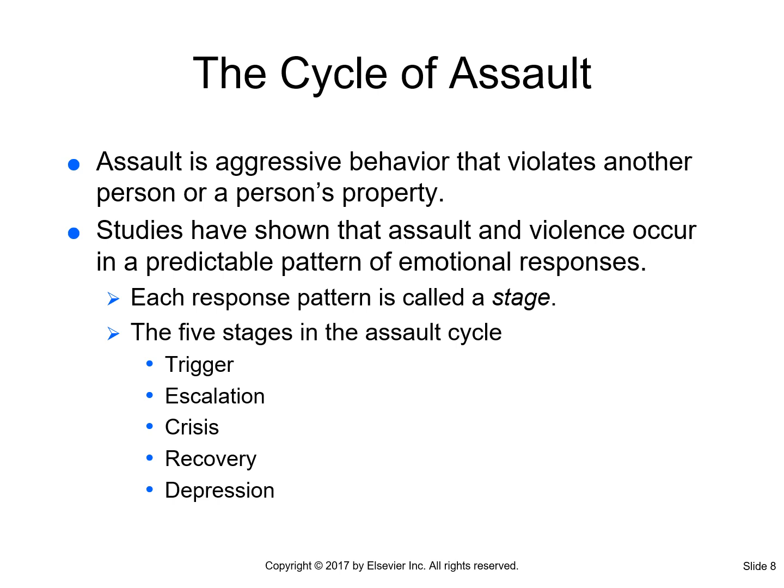For example, if you're given a scenario where a husband is abusing the wife, and now they're at the stage where they're hitting each other, what stage in this 5-stage cycle is this couple in, right? That's how they're going to ask us. Okay, so know the 5 stages in the assault cycle: trigger, escalation, crisis, recovery, and depression.